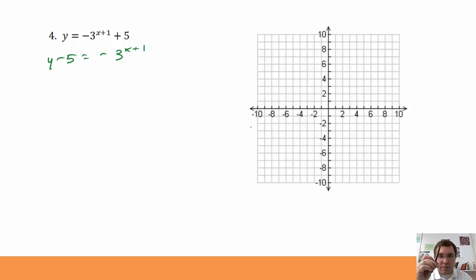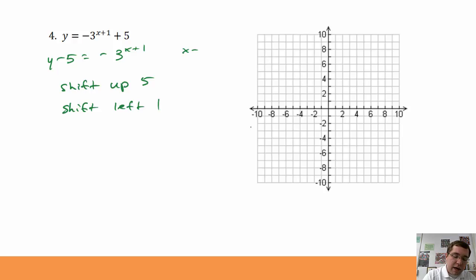I have 3 to the (x plus 1) power, and then I'm making that negative. So the -5 means I'm going to shift up 5. The +1 means I'm going to shift to the left by 1. I'm going to shift horizontally by -1, which is shifting to the left 1, because it's really x minus a -1.